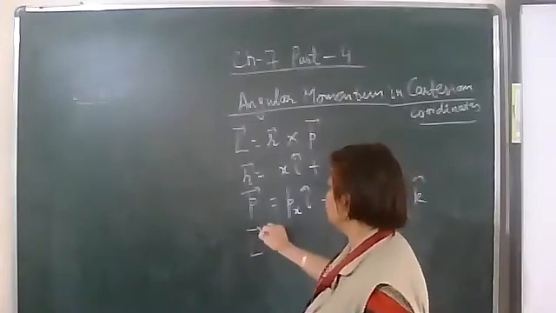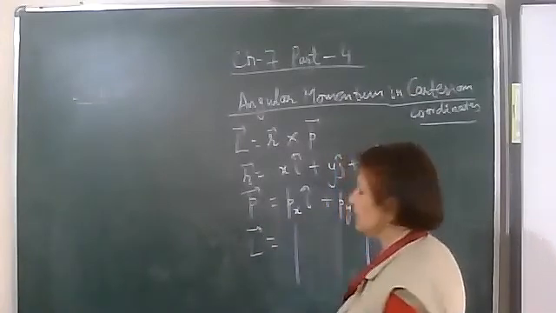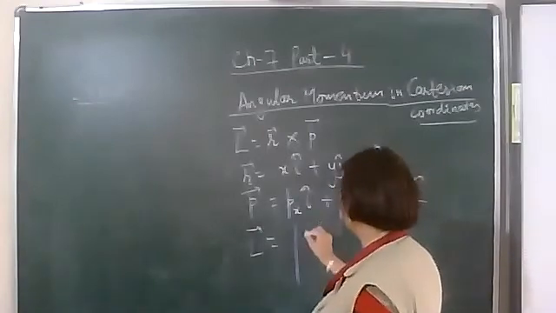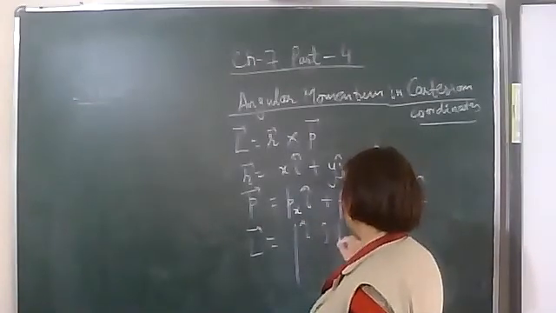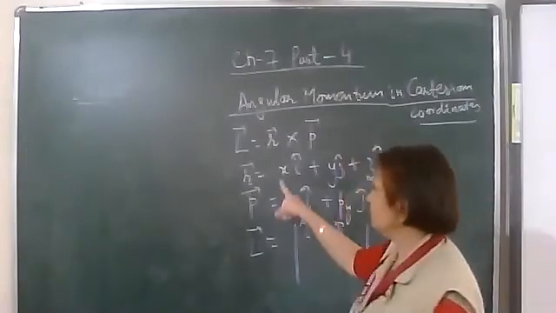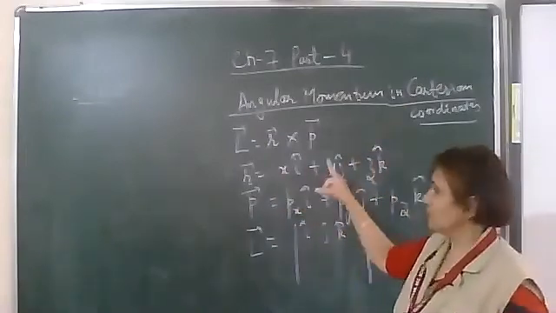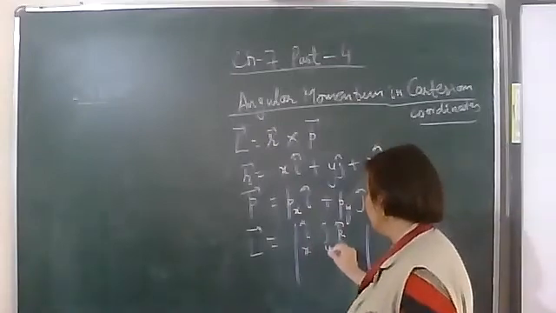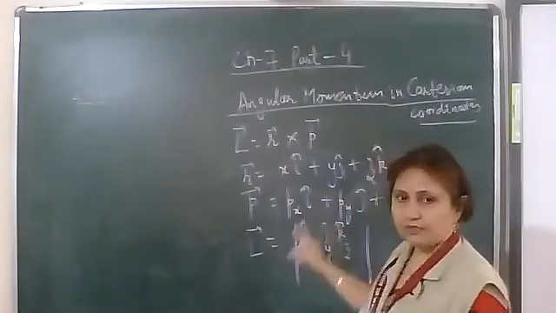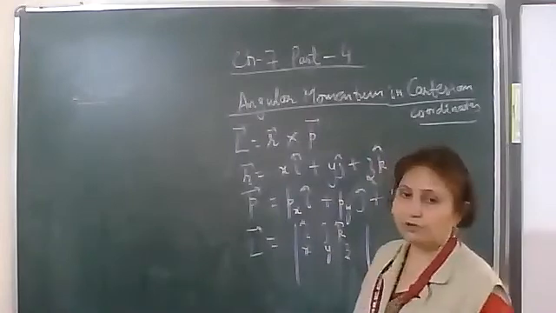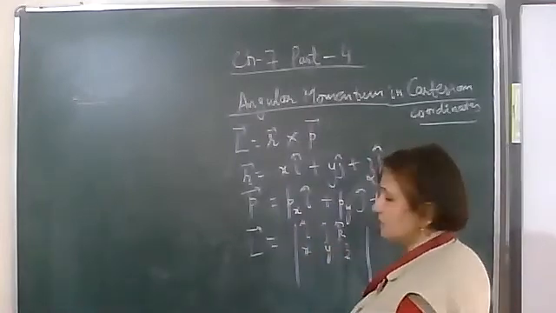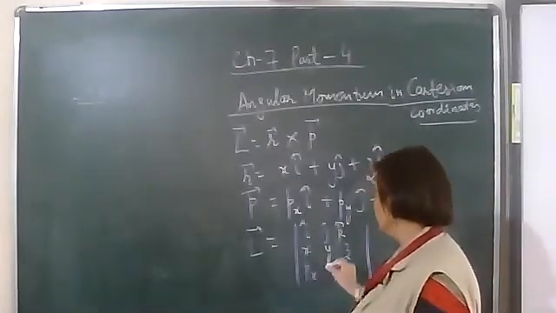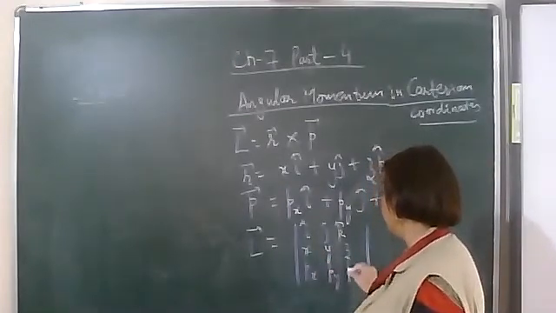Now L vector is r cross p vector, which we can find out by the determinant method. The first row: i, j, k. Second row, the components of r vector along x, y and z, which are x, y and z. In the third row, the components of the linear momentum along x, y and z axis, which are px, py and pz.